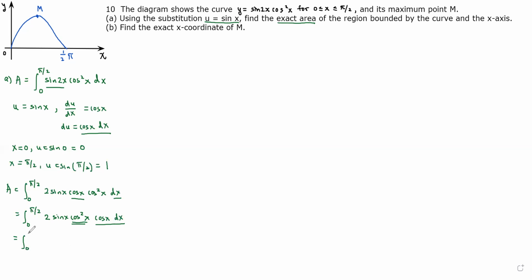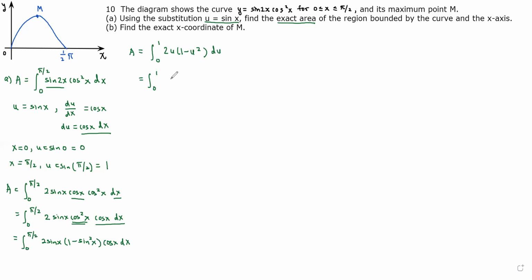Then the integrand becomes 2 sine x, 1 minus sine square x, and we have cos x dx. Now we perform the substitution. So we are integrating from 0 to 1 instead, and sine x is u. We have 1 minus u squared and du here.